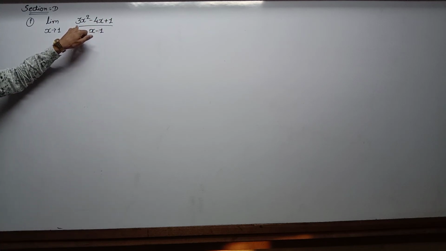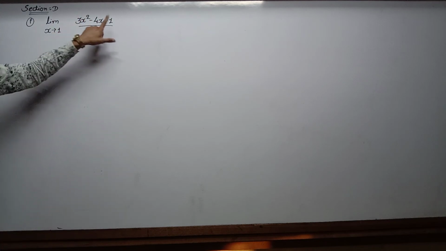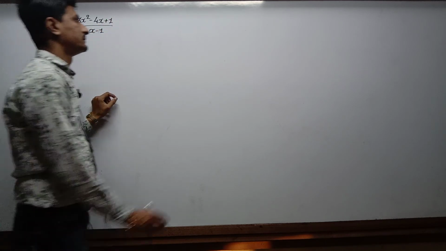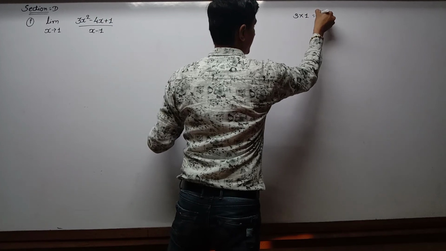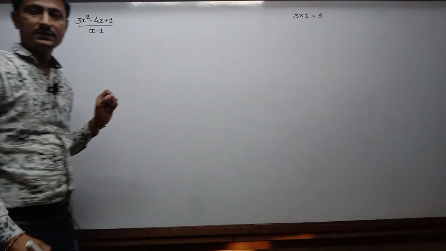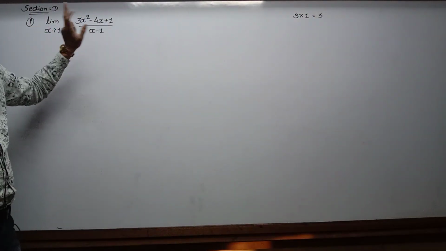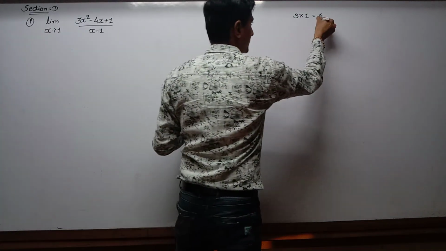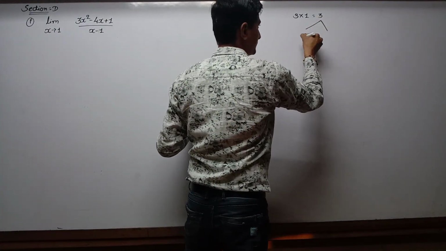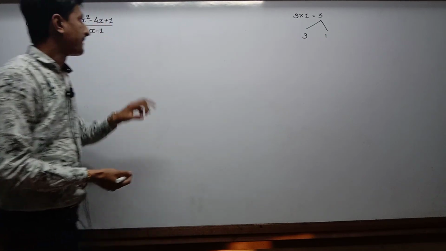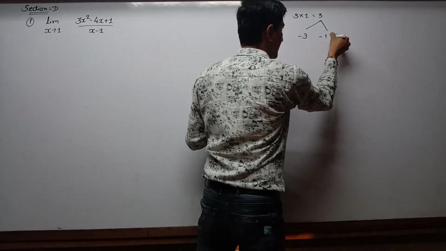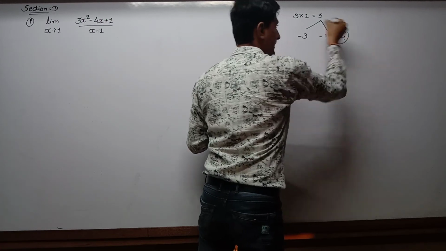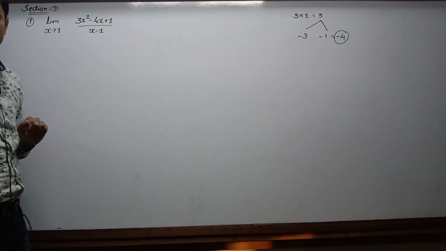First term coefficient is 3 and last term coefficient is 1. 3 into 1 is equal to 3. Now next, take the factors of 3 such that the sum is 4. 3 and 1 gives 3, making 4, but minus 4. So here minus 3 minus 1 for your answer is minus 4. Clear? 3 and 1.